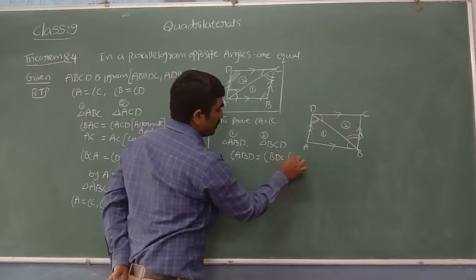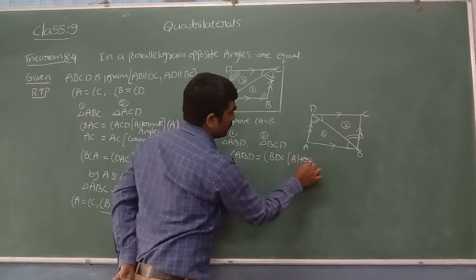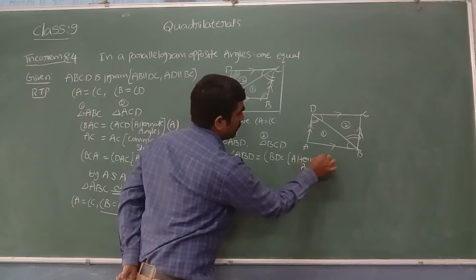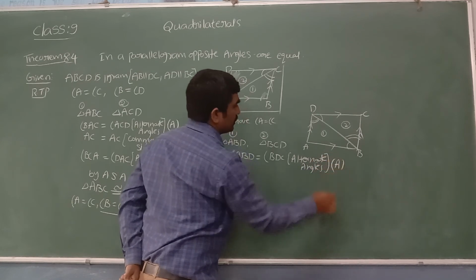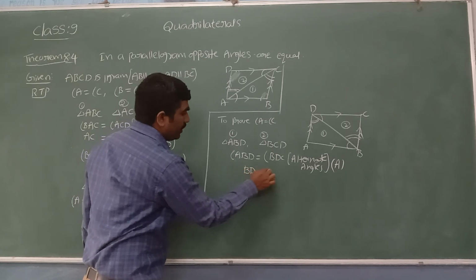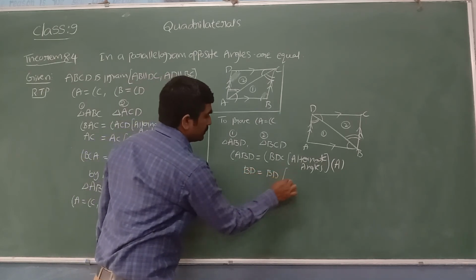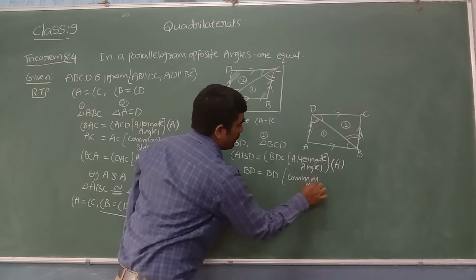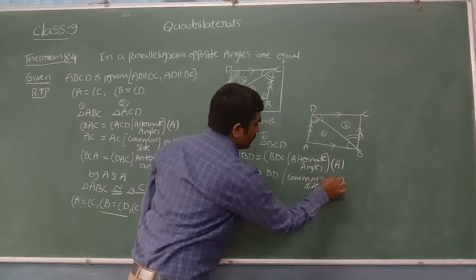The reason is alternate angles. One angle we got, and in both the triangles you can see BD is common. BD is equal to BD. It is the common side. We finished one side also equal.